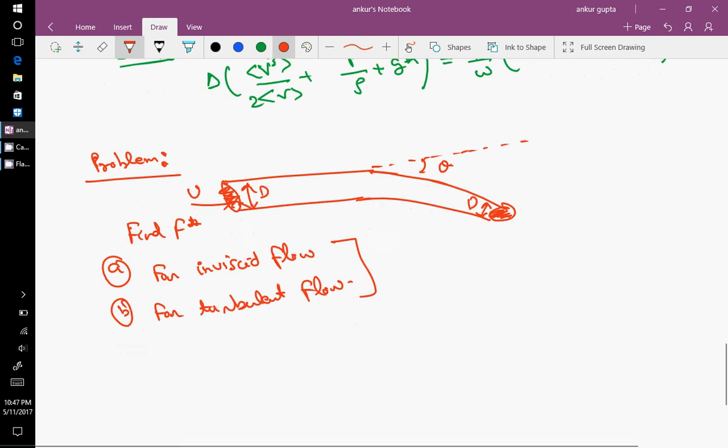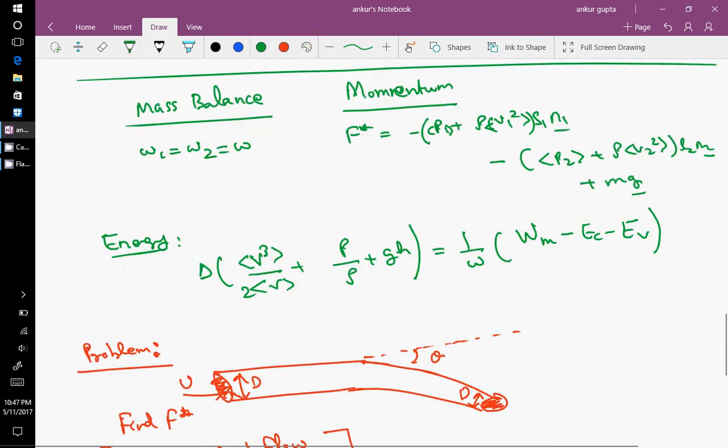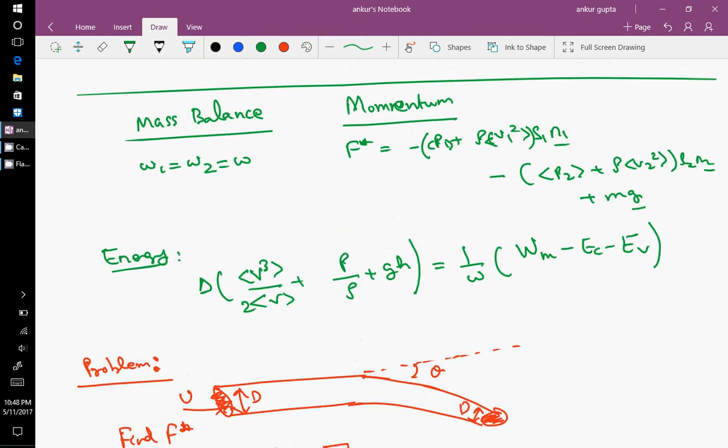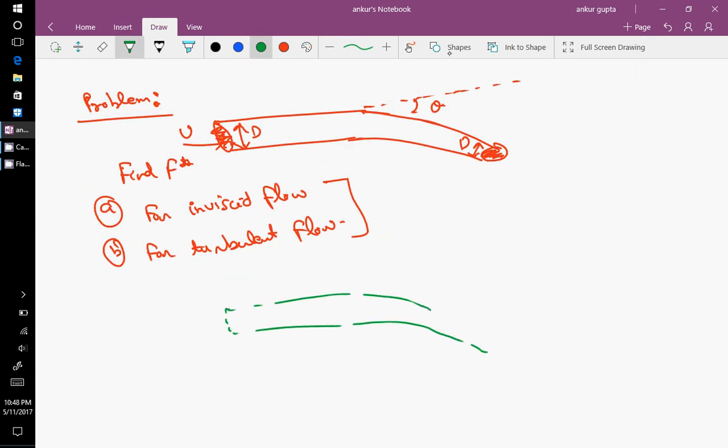Now, the way we should think about this problem is that we have three equations for macroscopic balance: mass balance, momentum balance, and energy balance. And we have to use all three to actually arrive at the answer. So how? First let's draw the control volume. Naturally the control volume will be the entire pipe.